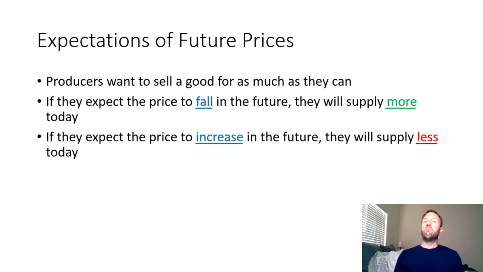And so maybe if you had been planning to sell 10 of your ounces of gold, you're going to cut that back to 5 ounces or 7 ounces. Or if you don't need the money right now, you might not sell any of your gold. You might wait those 2 months to sell when the price gets so much higher. So if the price is expected to go up in the future, then sellers will decrease their supply today. Supply will fall in the present.